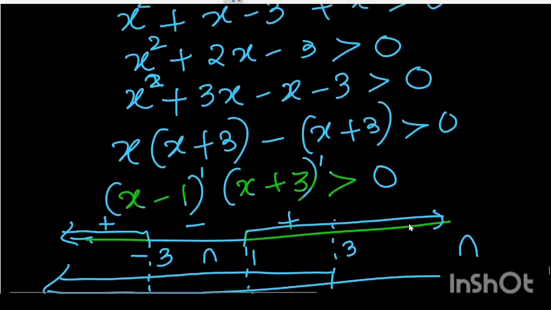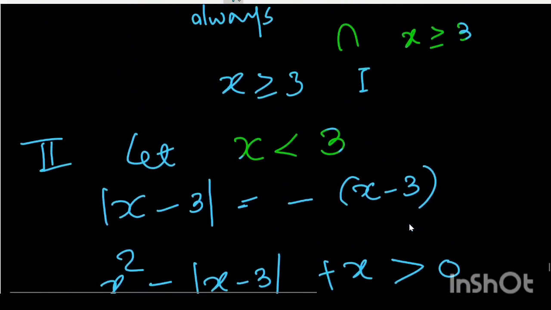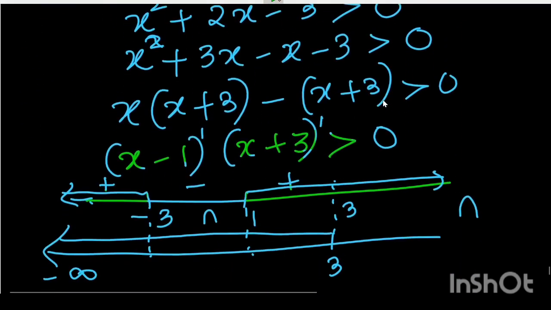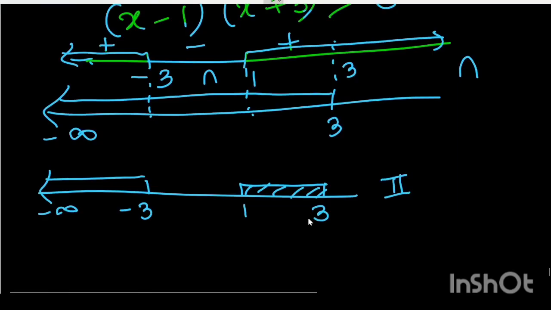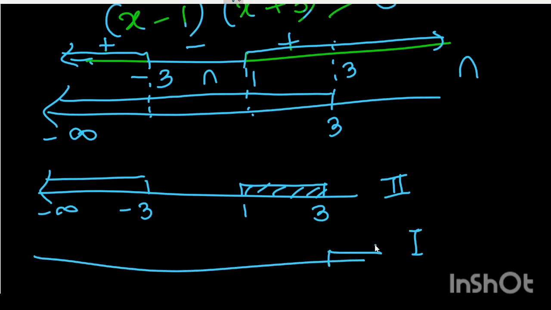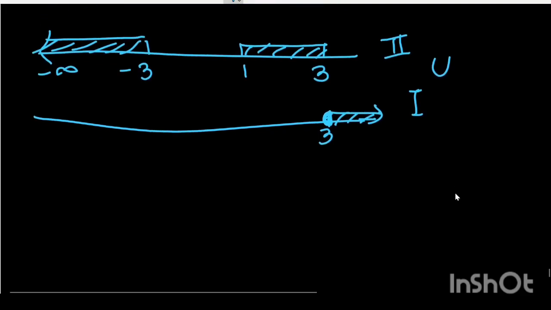Now this is the second answer, and we got the first answer as x greater than or equal to 3. What we need to do after taking the cases is take the union of the cases.